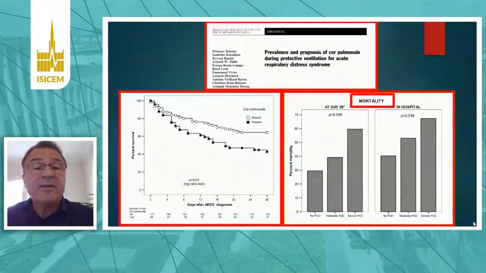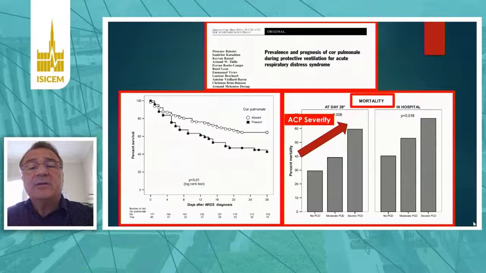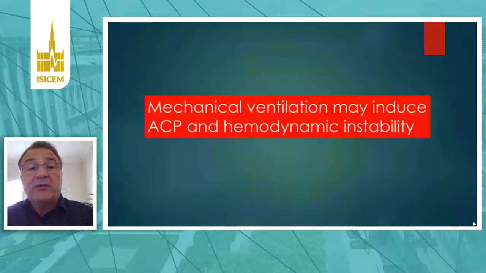But the problem is that acute cor pulmonale is associated with a bad prognosis of patients with ARDS, and the more severe this acute cor pulmonale is, the higher the mortality in patients with ARDS. So mechanical ventilation may induce by itself acute cor pulmonale and then hemodynamic instability.